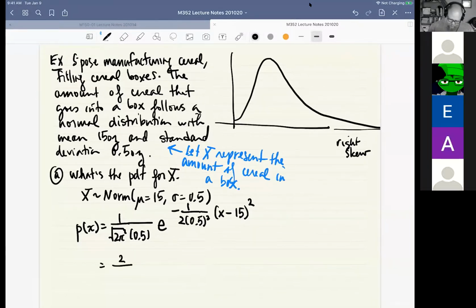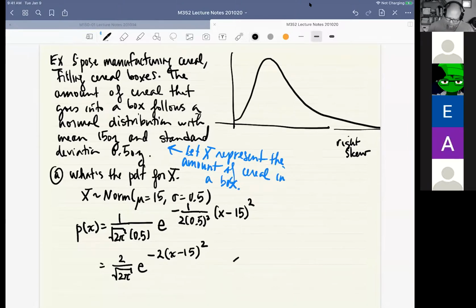So that's the PDF. We could simplify a little bit. So this would be 2 over the square root of 2 pi. And then e times, what's 0.5 squared? That's 0.25. So 1 over 0.25 is 4. So 4 and 2 simplify to that. So it looks like that would be our PDF if I did this right.